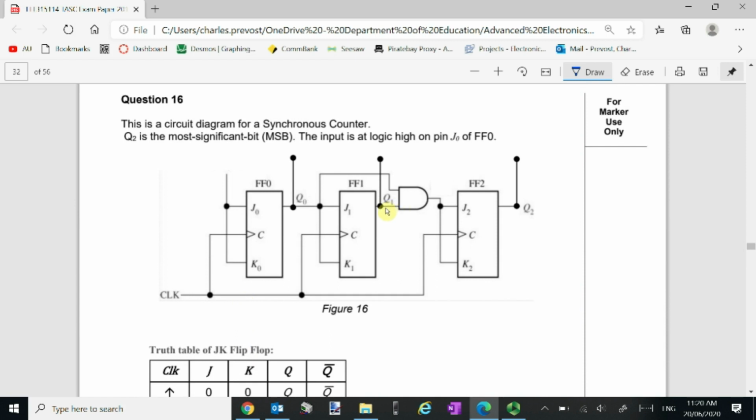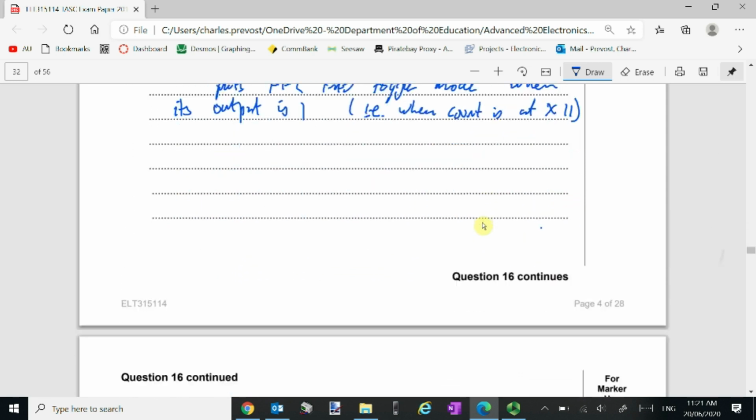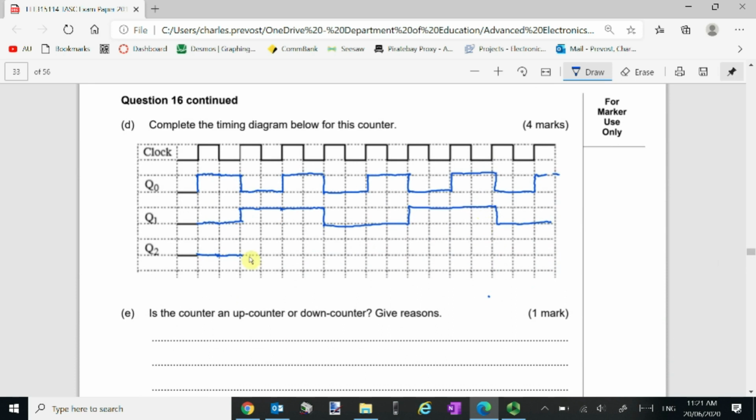When Q1 is 0, then the output of that is going to be 0, doesn't matter what Q0 is doing. So as long as this one's 0, it's not going to toggle until both Q0 and Q1 are 1.